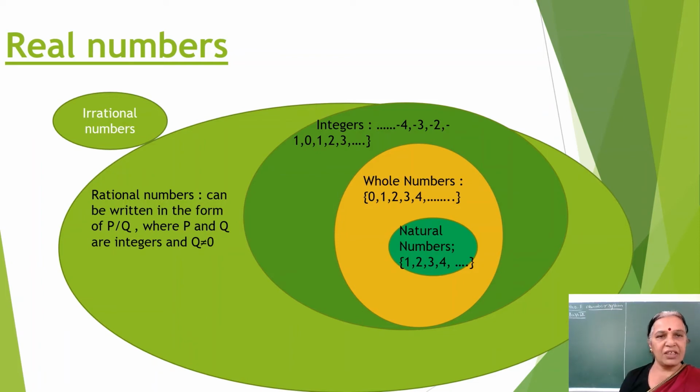Now you can see from the figure that all natural numbers are included in whole numbers, and all whole numbers and natural numbers are included in integers, and all irrational and rational numbers are included in real numbers.